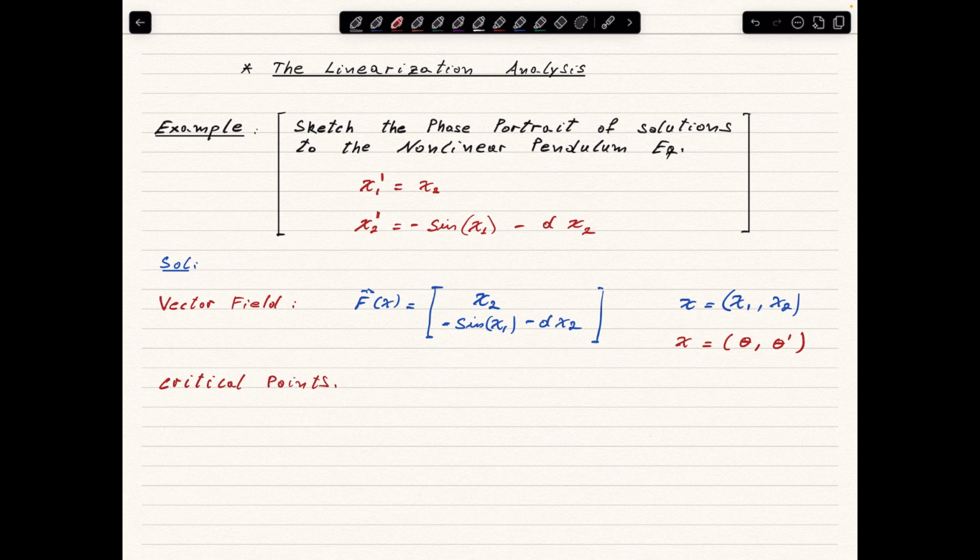Critical points, which, as we know, are all the points where the vector field vanishes. So let's write that down here. It is the points, let's call it x0s, where the vector field vanishes. So what is that? That gives us x2 equals 0 and minus sine of x1 minus d x2 equals 0.